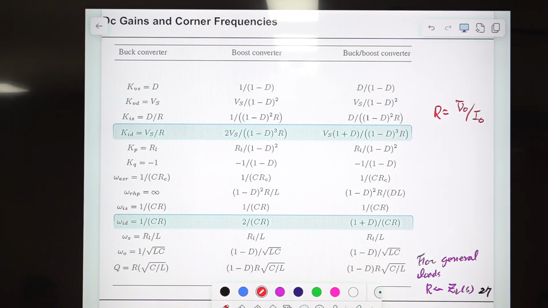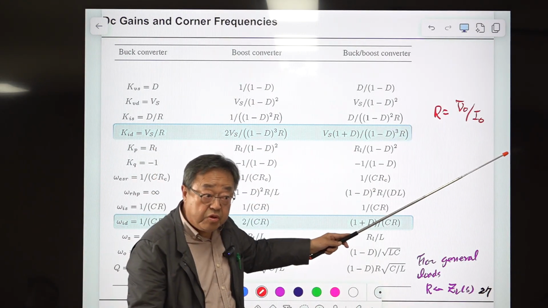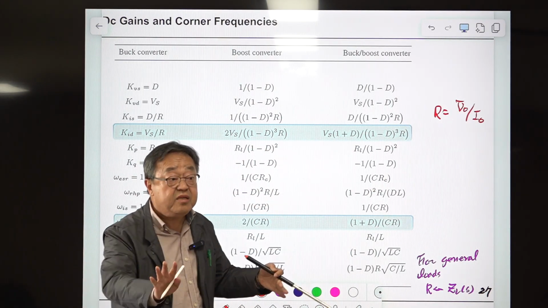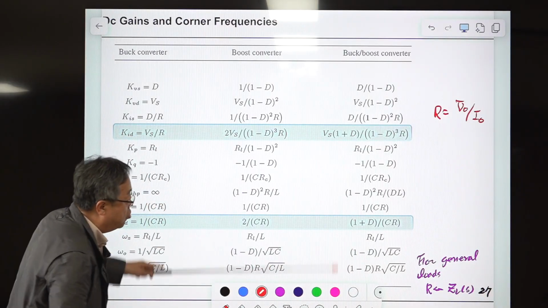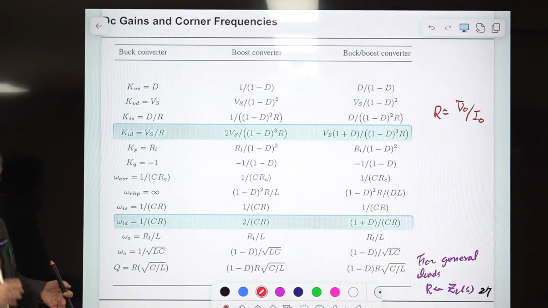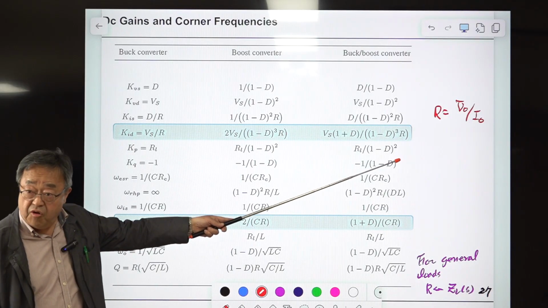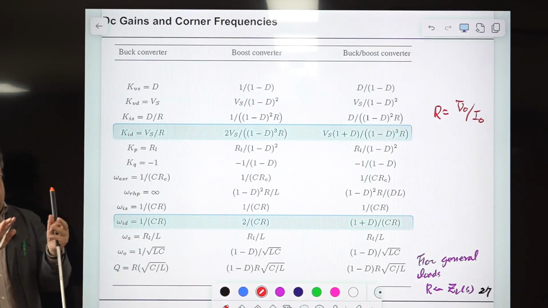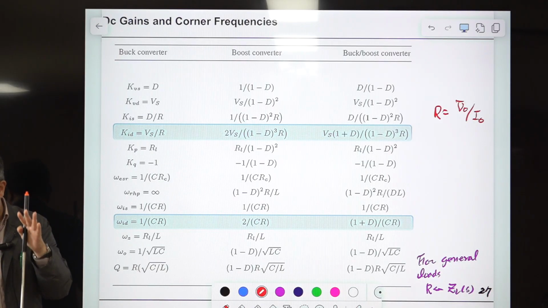So this is different. This can be defined for other kinds of load, something else. This is true for the resistive load. There is no distinction between R and this one when the load is actually a load resistor.